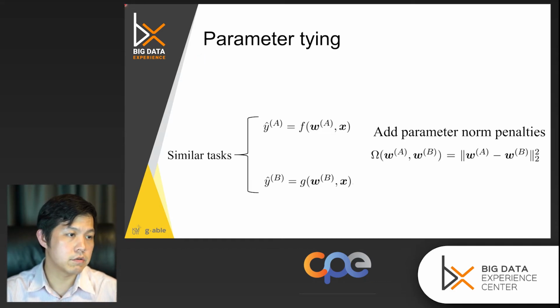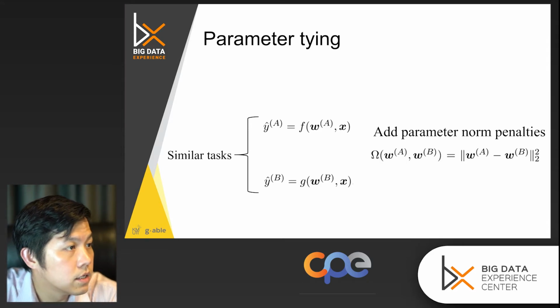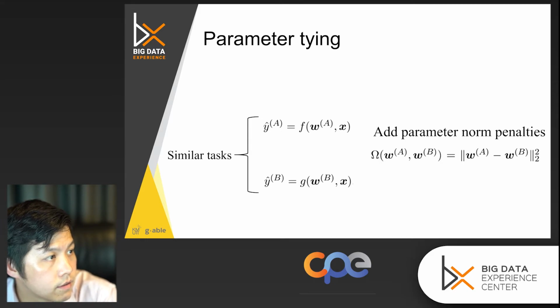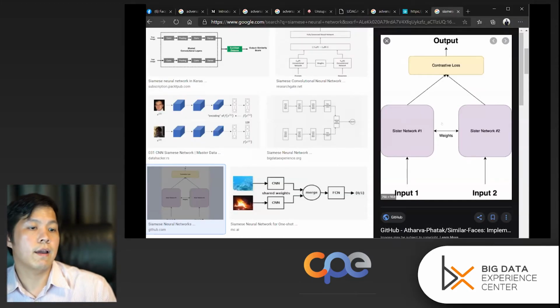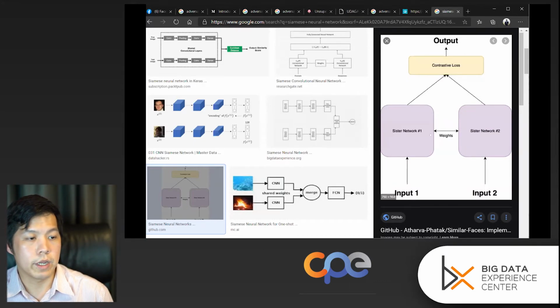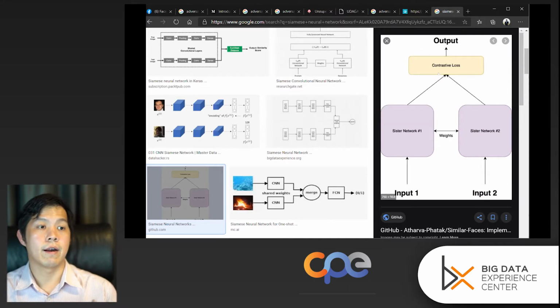Or in the Siamese neural network, which looks like this one. In the Siamese neural net, you have two networks that have the same weights, and you give them two inputs and try to compare the outputs, so that the output would be small if they are the same, and large if they are different.